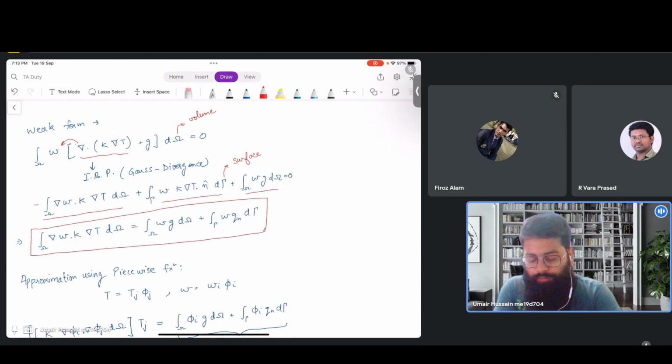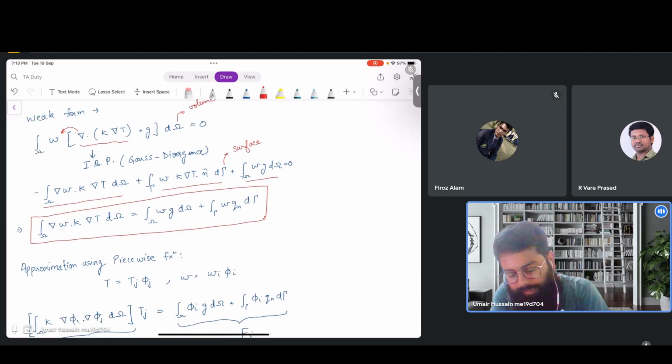This is something similar to what we had seen in 1D. Now, instead of a single derivative with respect to x, we have a del operator, or a gradient.